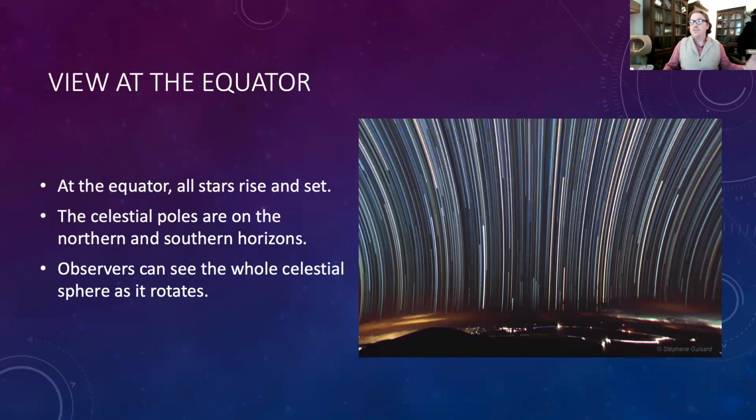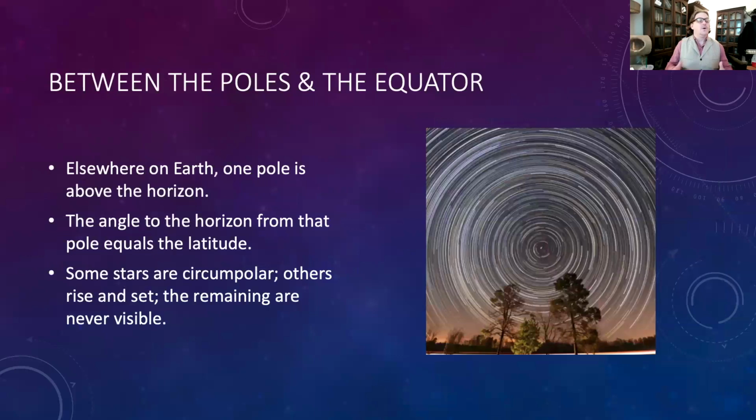But for most of us in the world, we're going to see something that looks akin to this, where you have star trails around a certain point, and that certain point is at a certain altitude above the horizon. Depending on your latitude, that position is going to change, because the altitude of, say, Polaris is going to be effectively your latitude.